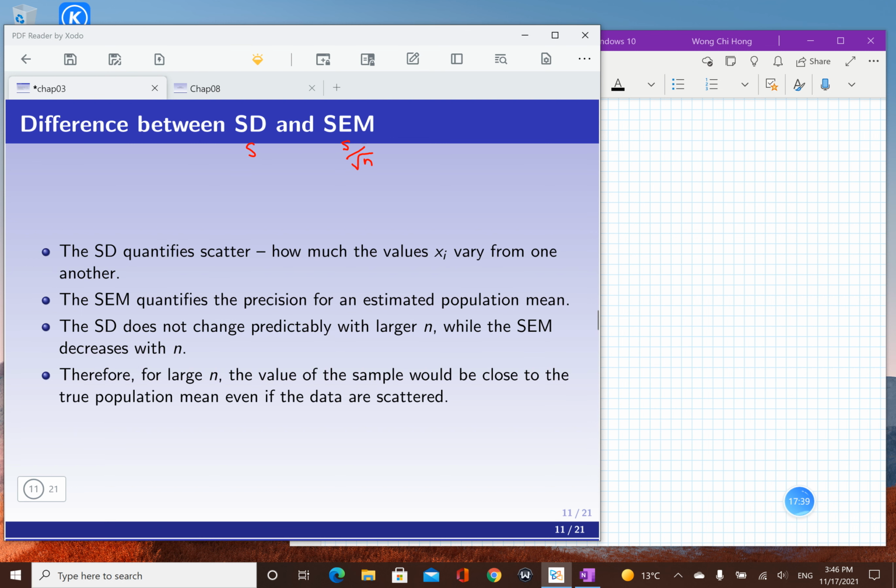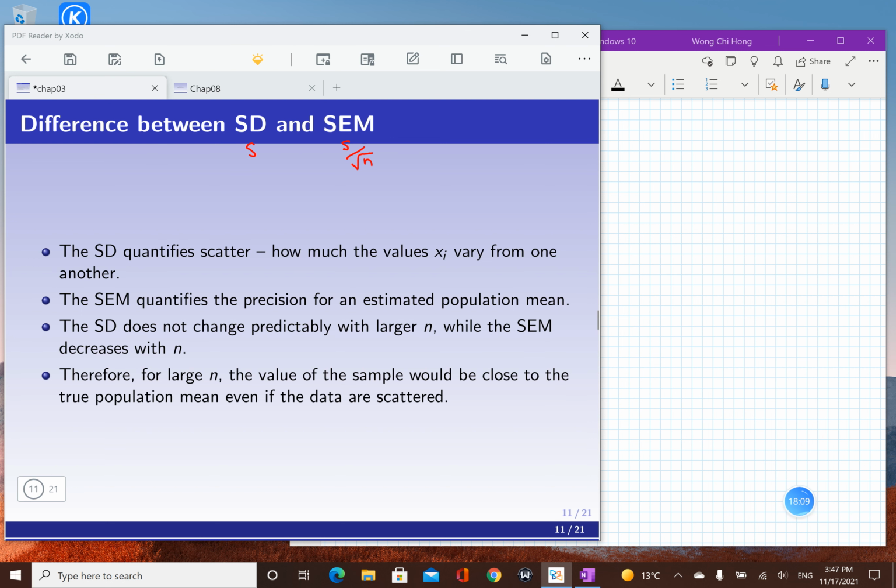So if you have a sample size of 100, it tells you the spread of your data. Because each of the x's comes randomly, they can be anything. So this S doesn't really change if you have a larger or smaller sample size. It just tells you how far away they are. These things can be anywhere after all.